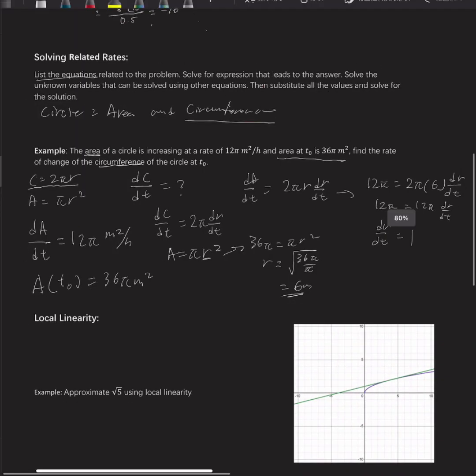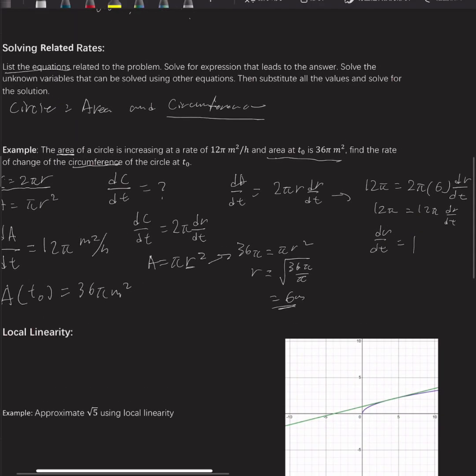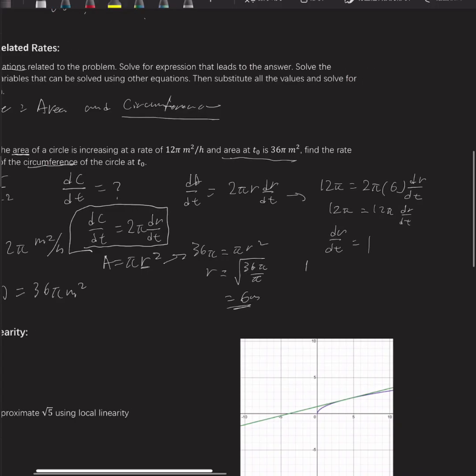And we have all the values. Now we are ready to substitute into this equation here. So dC/dt is equal to 2π times dr/dt, which is 1, which is equal to 2π. Don't forget our unit. That is meters per hour.